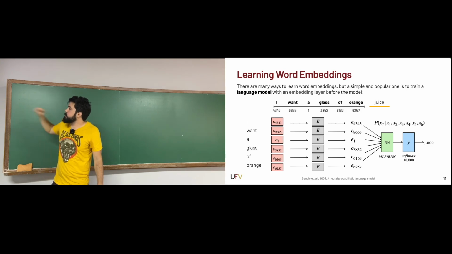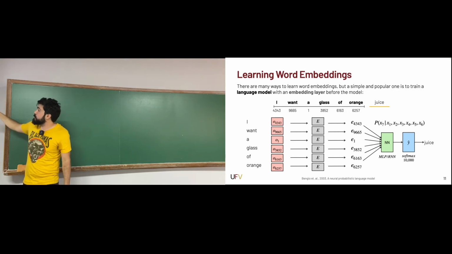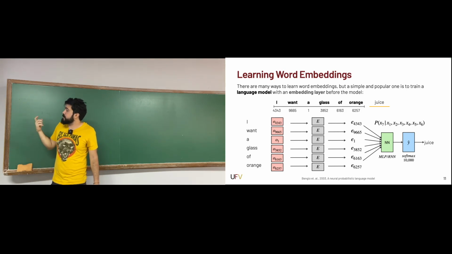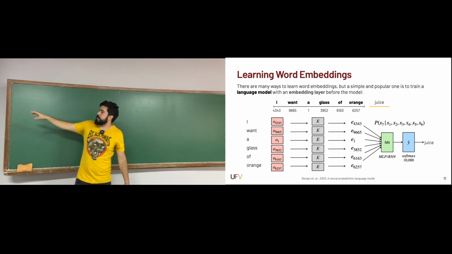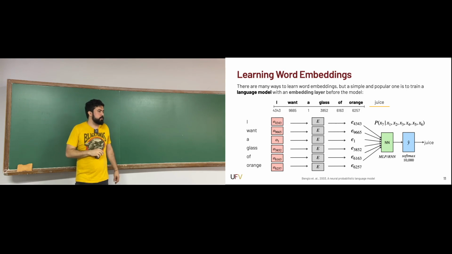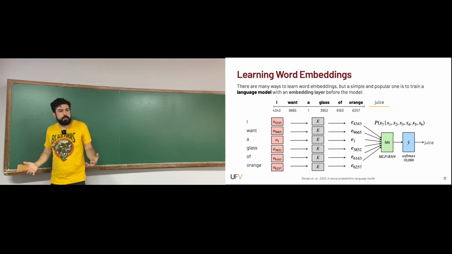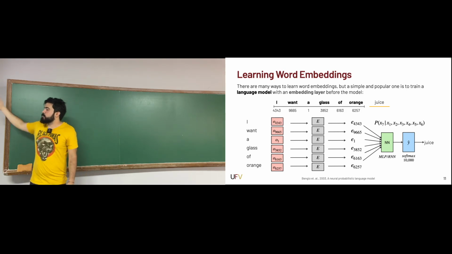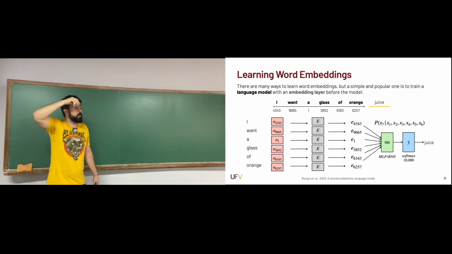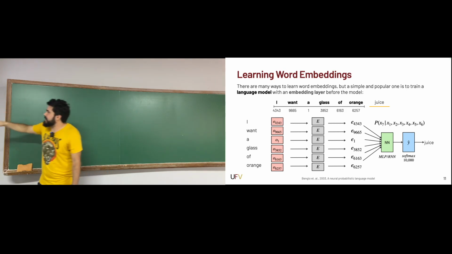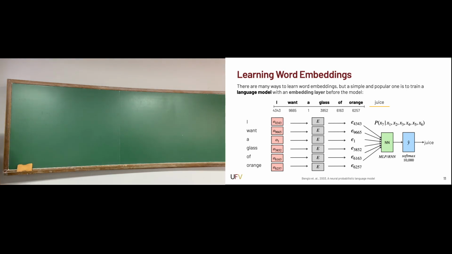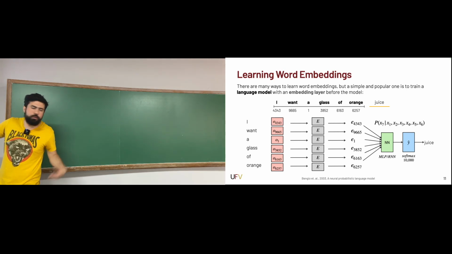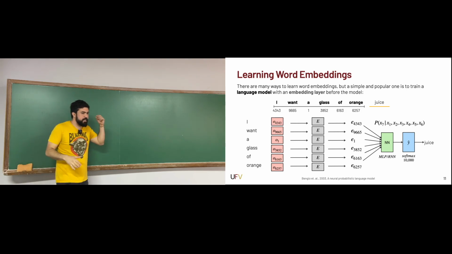Then as an output layer, in blue there, you have a softmax layer that would have 10,000 output neurons because you have 10,000 words in the vocabulary, and you want to predict the word juice there. So the basic idea, we already had this from before. We already had the input layer in red using one-hot encoding. This is what you're actually doing in the assignment.